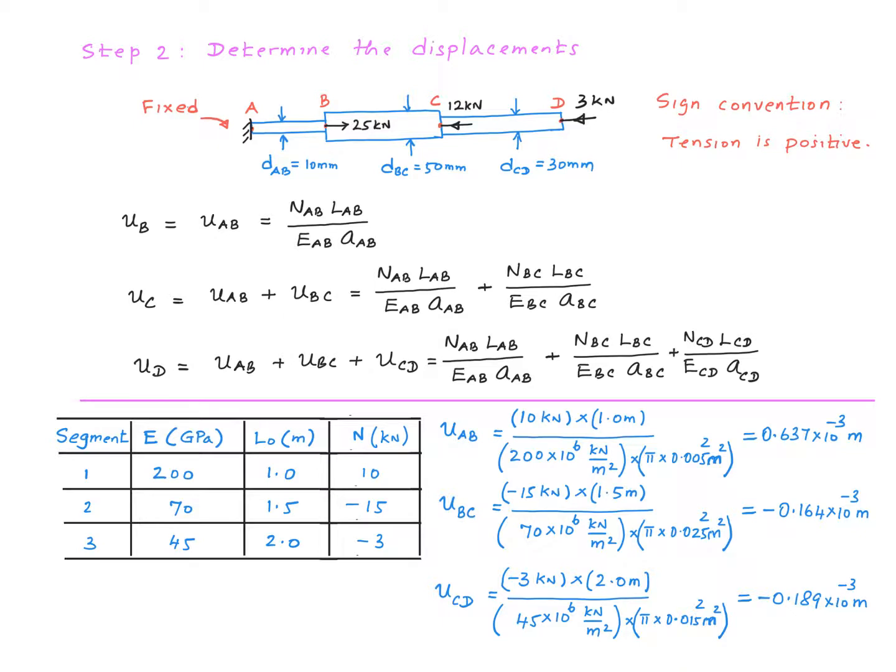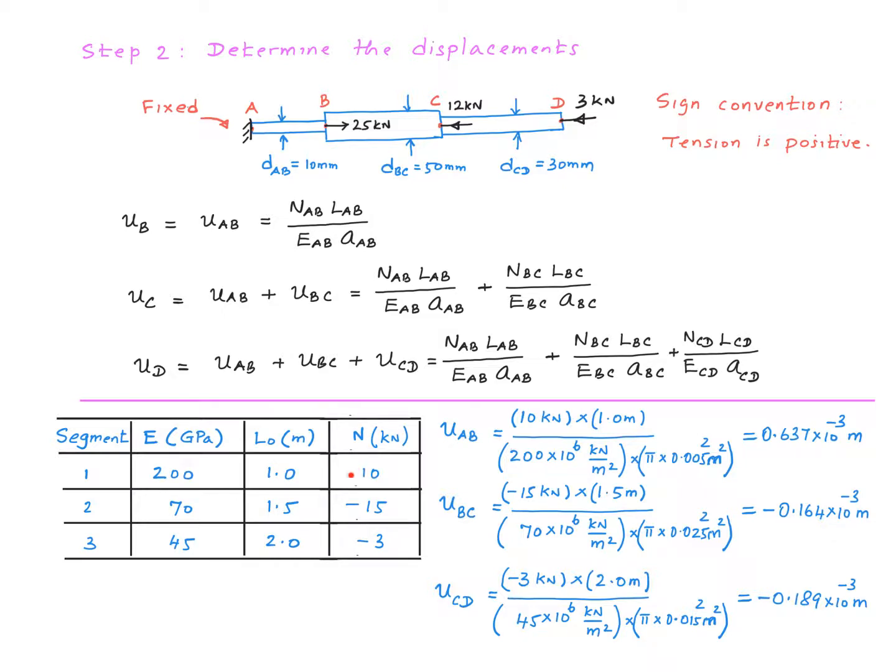Here are the details of my calculations for the deformation of each segment. First, I listed the forces we calculated in the same table that included values for the Young's modulus and the length. Then I calculated the deformation of each segment separately, starting with the deformation of AB. So this is the formula, UAB equals NAB times LAB over EAB times little aab.